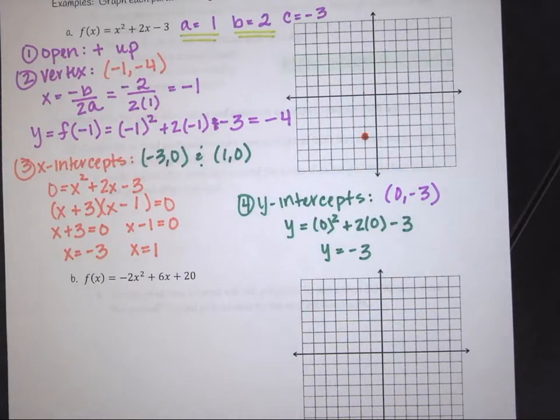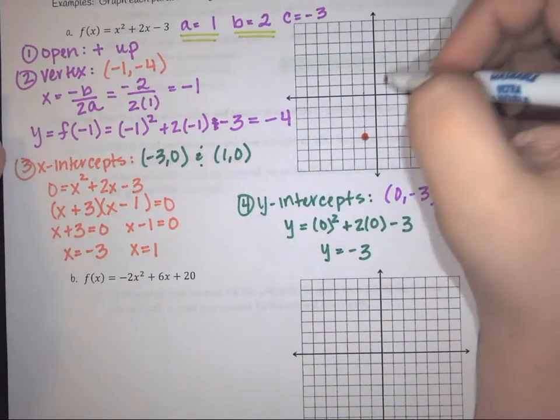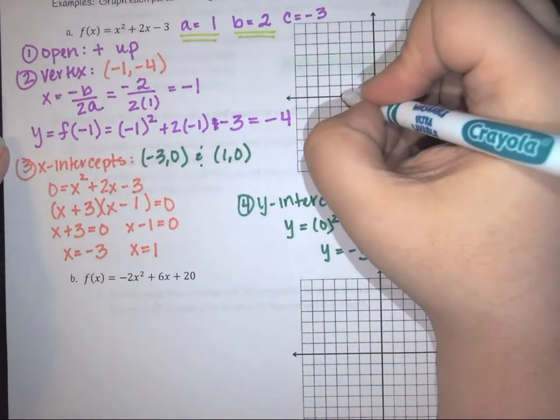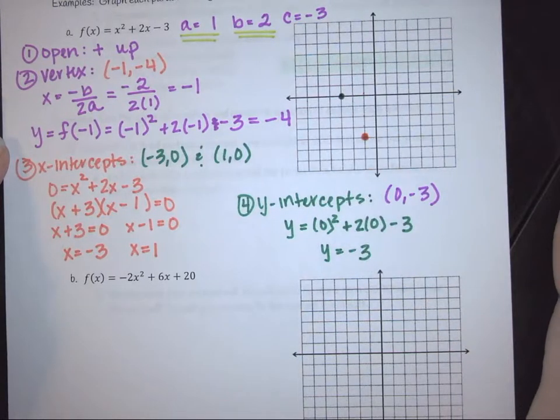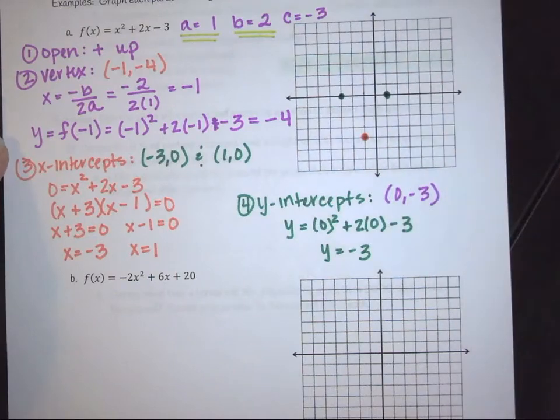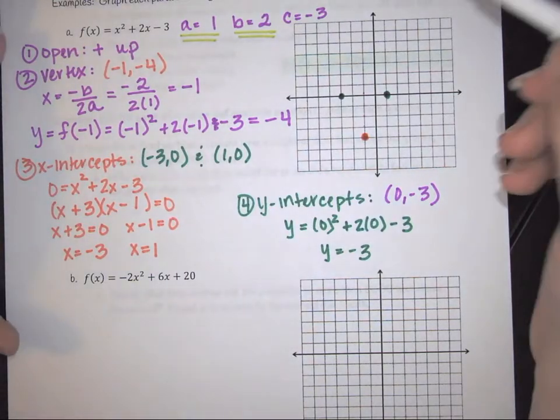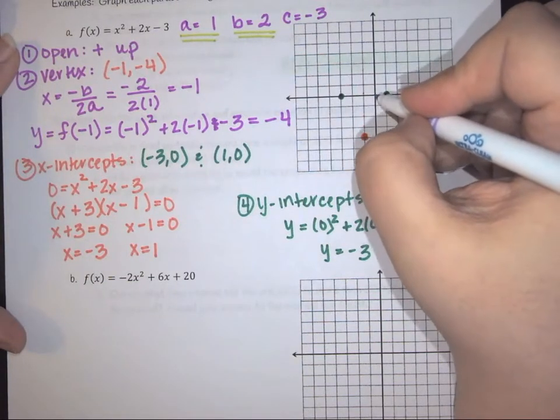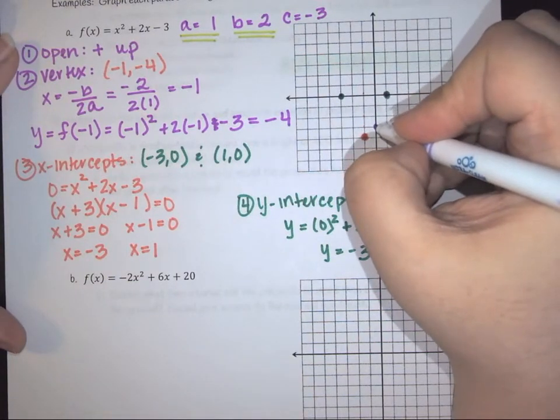So this is at the point negative 3, 0. So 1, 2, 3 puts it right here. And then at the point 1, 0. So over 1, 0 puts it right there. And then the last thing that we have is the y-intercept, which is at the point 0, negative 3. So 0, 1, 2, 3 puts it right here.